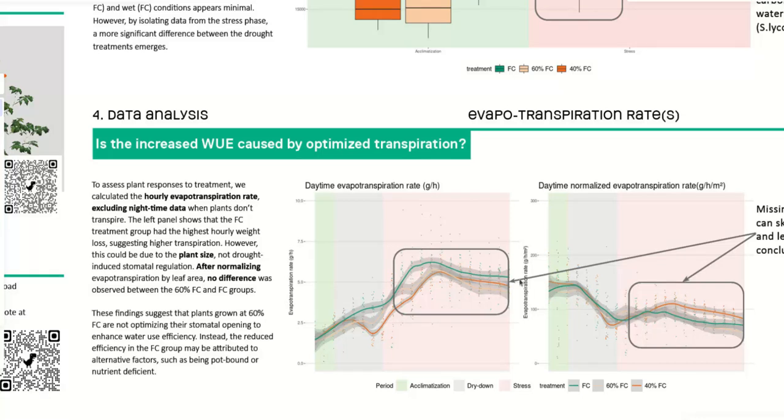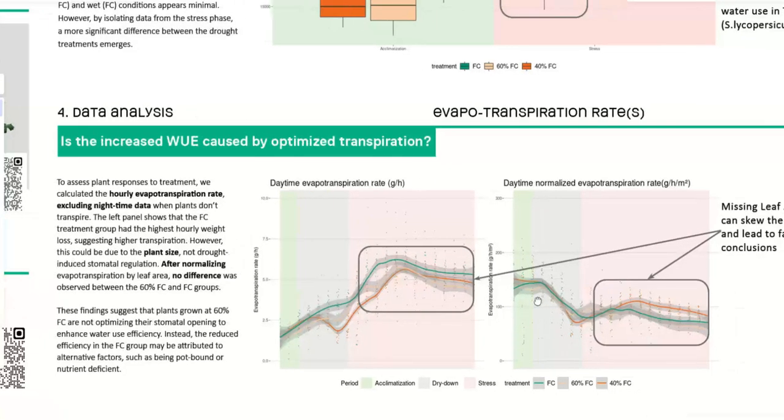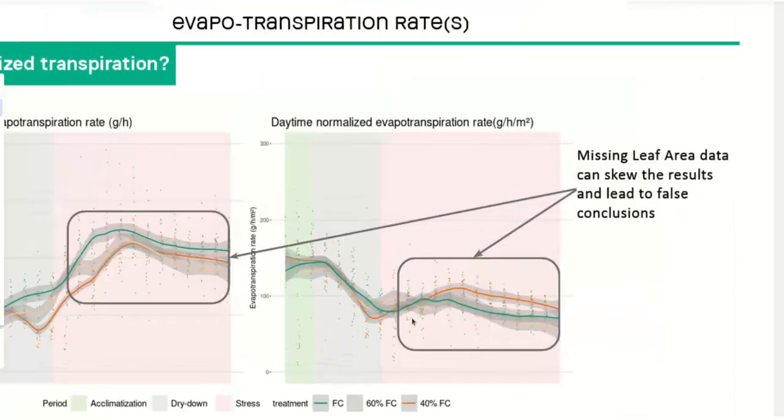With the PlantEye data, we also have insights into the leaf area of every plant at any day. When we normalize the evapotranspiration rate, it becomes clear the plants at field capacity and the plants at 60% field capacity do not differ in their transpiration per leaf area.